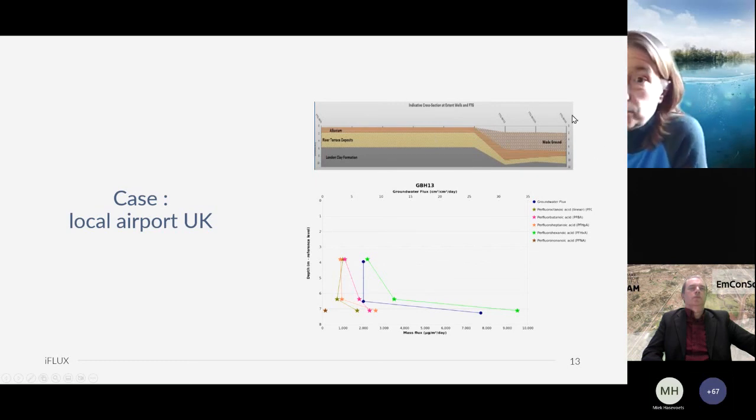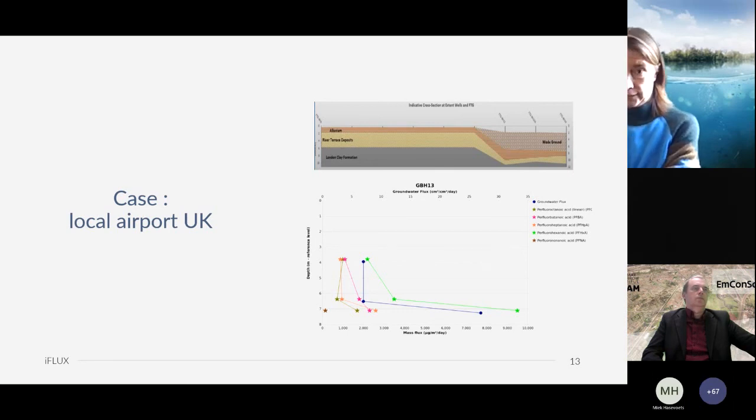There was a contamination with PFAS detected, at rather high concentrations. Although the contamination was not yet completely delineated, they already wanted to install a barrier downstream to prevent the spreading to the nature reserve.